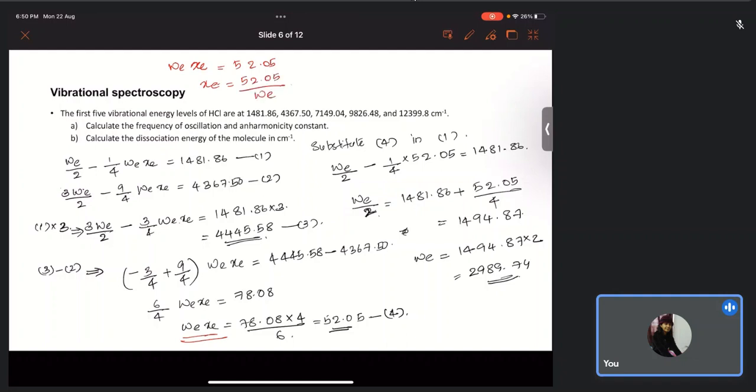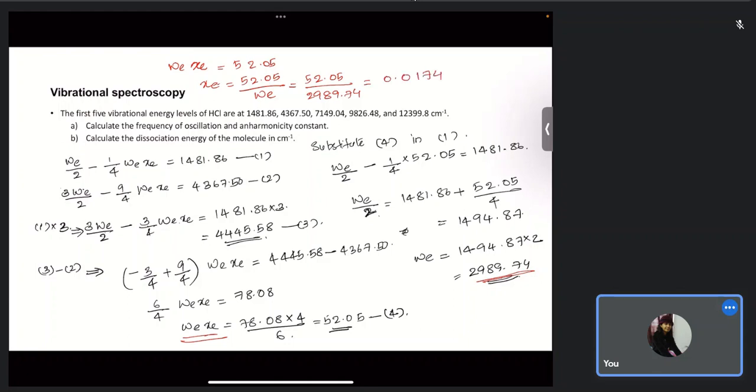Divided by omega E. Omega E is given by, we have solved what is omega E. So substitute that: 52.05 divided by 2989.74.